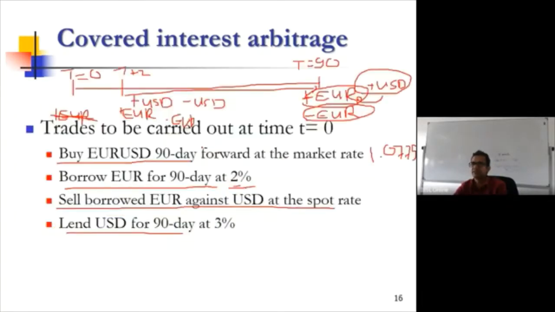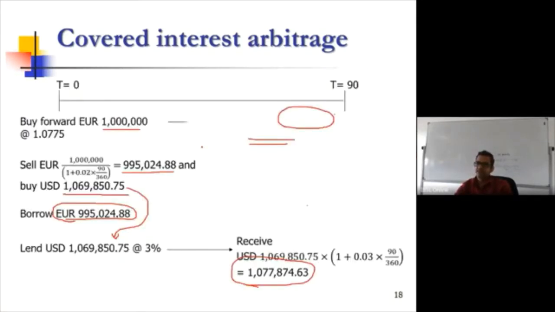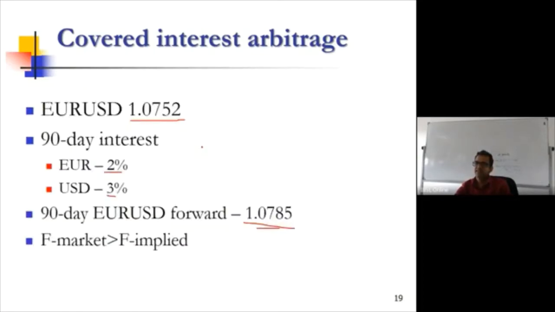What was the implied rate? Sorry, it's 1.7785, and the market rate is 1.779. So the implied rate is less than the market rate. Market rate is greater than implied rate, therefore the market is expensive.